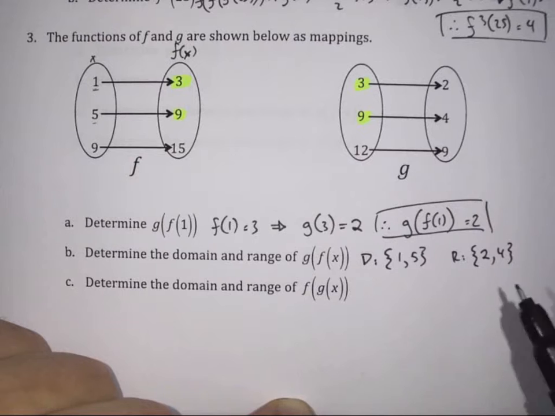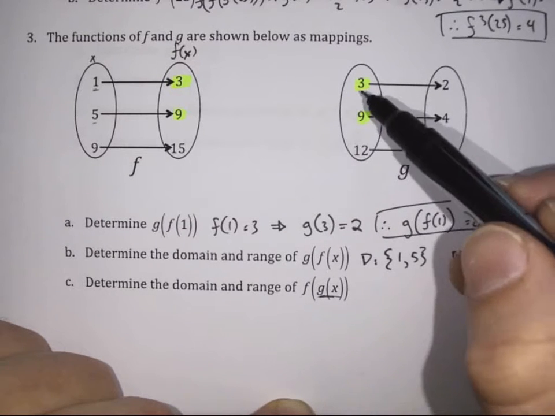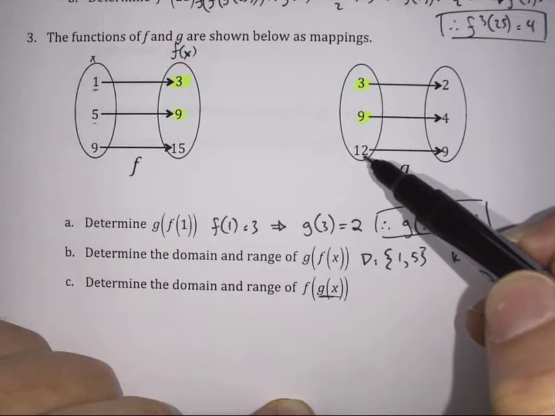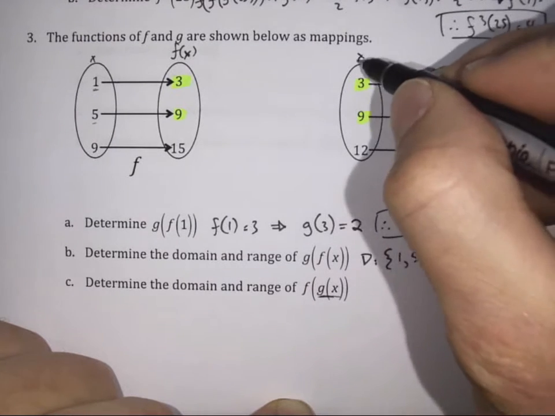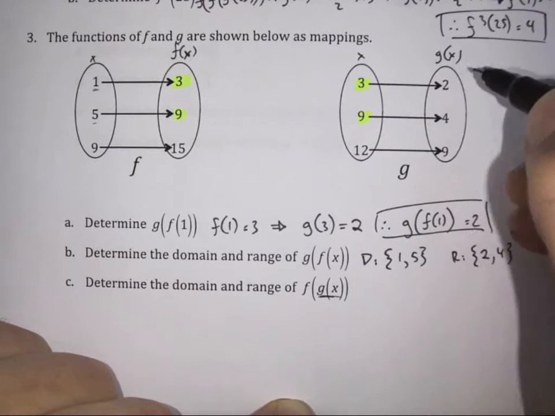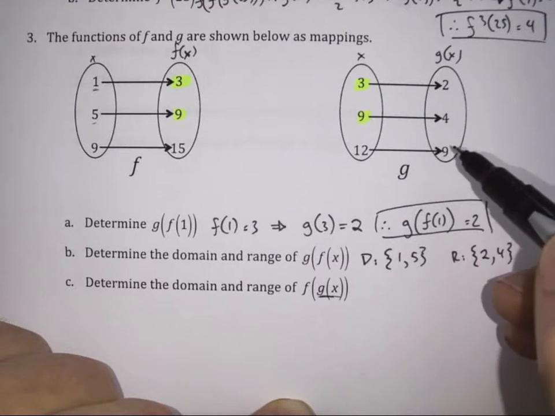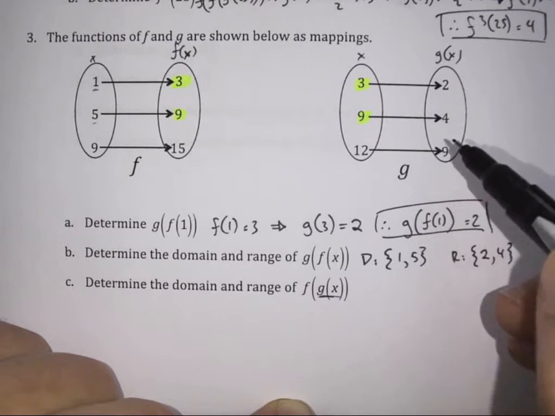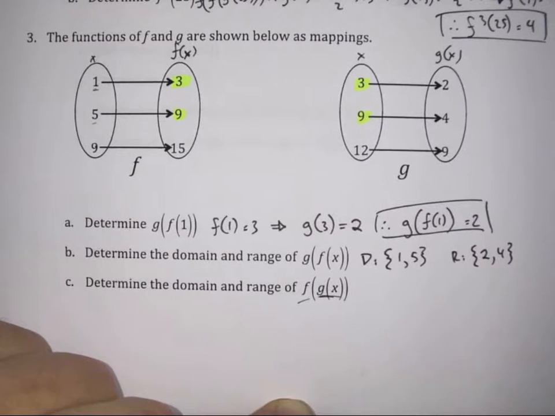Okay, we're going to do a similar thing, this time for f of g of x. We're going to look at our inputs of G to start with. 3, 9, and 12 go in. And the outputs of g of x, when I put an x in, are 2, 4, and 9. Well, how many of those outputs match inputs of my big f function on the outside?